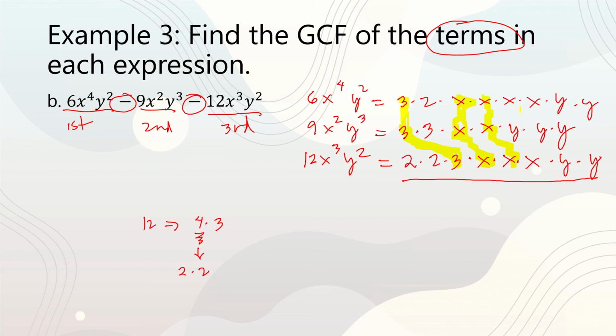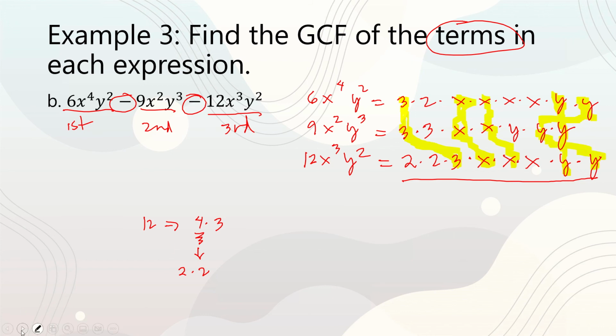That's it only. Afterwards, you'll notice that each of them has a y. So that's 1y, 1y, and 1y in here. Now, you cannot select another y because in the first place, if you choose this y in our first term, there's no other y. We still have this one y, and another y in here, and another y in here.